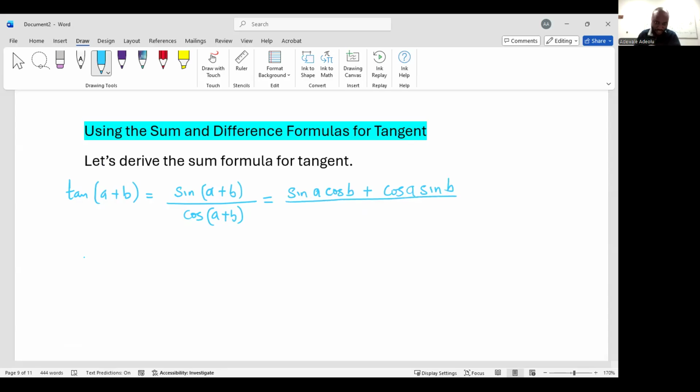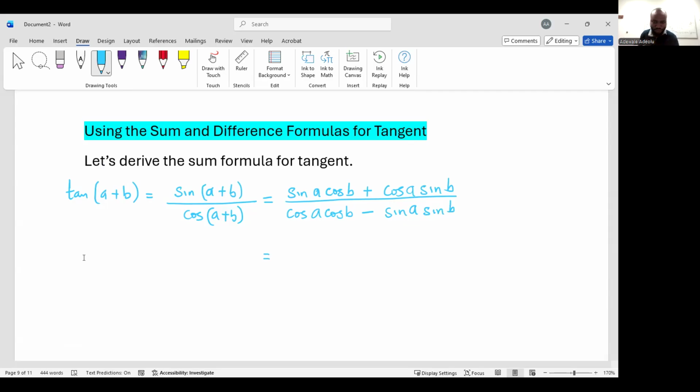divided by, for cosine at the denominator, cosine of the first angle times cosine of the second angle. That is plus for sine, but it becomes minus here, so sine of the first angle times sine of the second angle. Beautiful, right? I'm trying to work towards tangents.